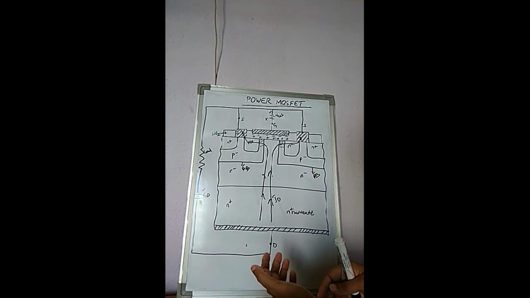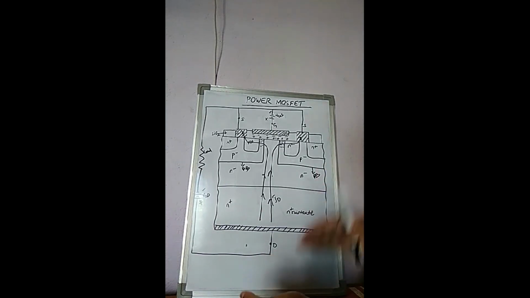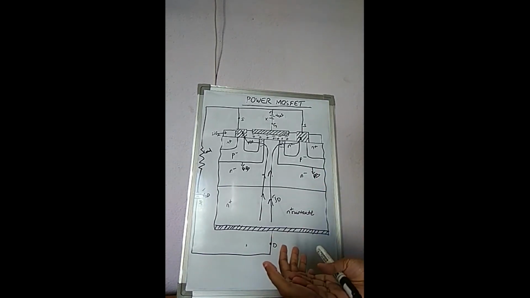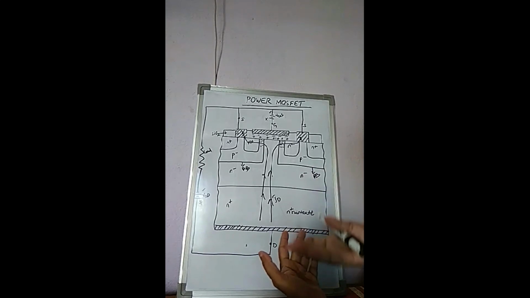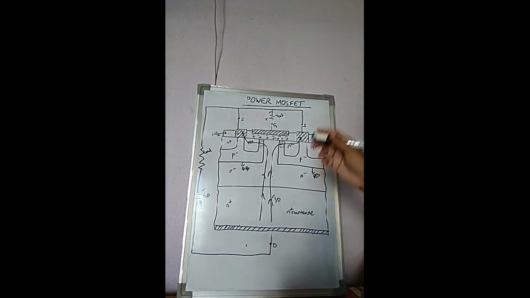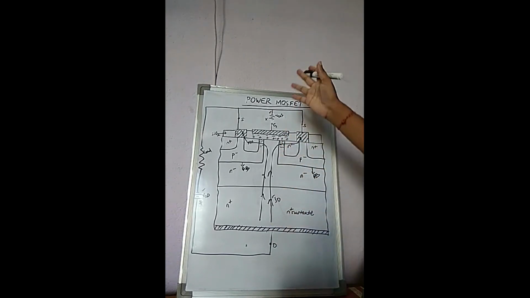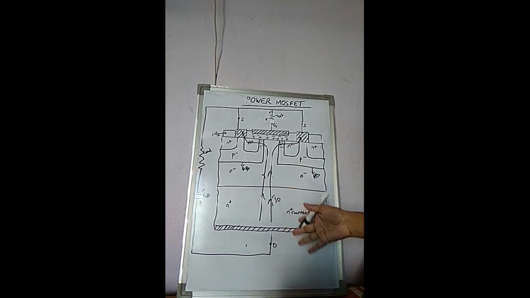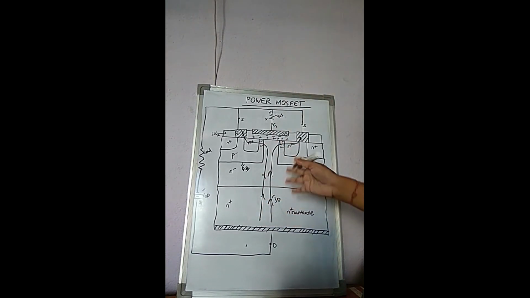Whenever in an examination you are asked to draw and explain the low power MOSFET, or to draw and explain the high power MOSFET, for high power application you particularly draw this one. This is the MOSFET structure for high power application, and the previous one is the MOSFET structure for low power application.